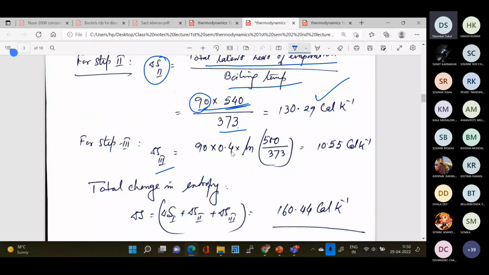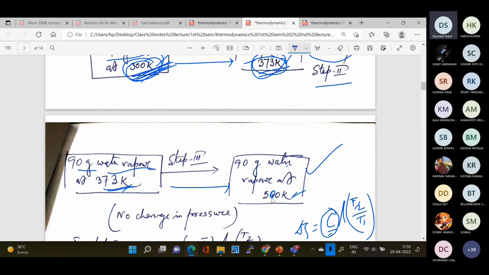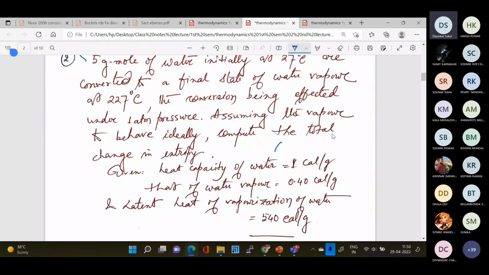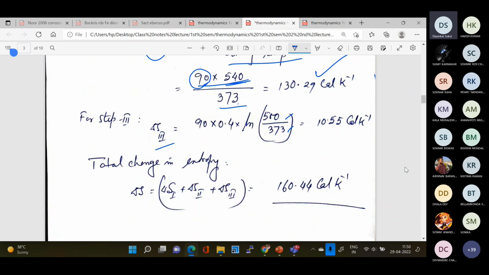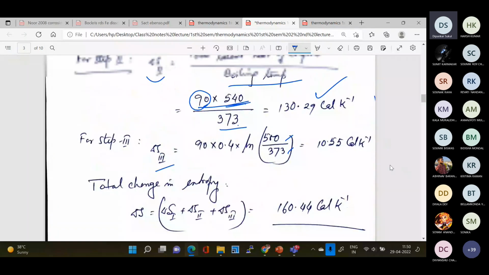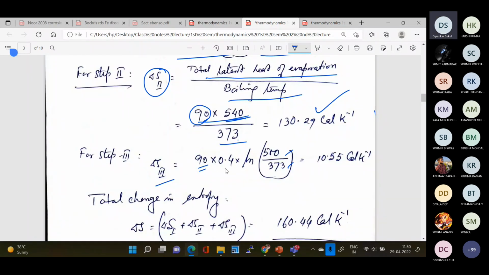Similarly, for step 3, again an increase in temperature. Okay, this is not 540, it is 500. I think it is 273 Kelvin. This is 273, and 500, not 540. So now the amount is 90 gram, but the heat capacity is 0.4 calorie per gram.